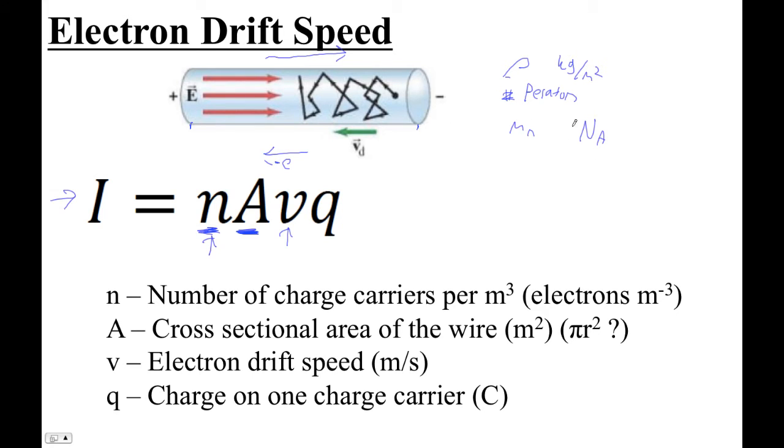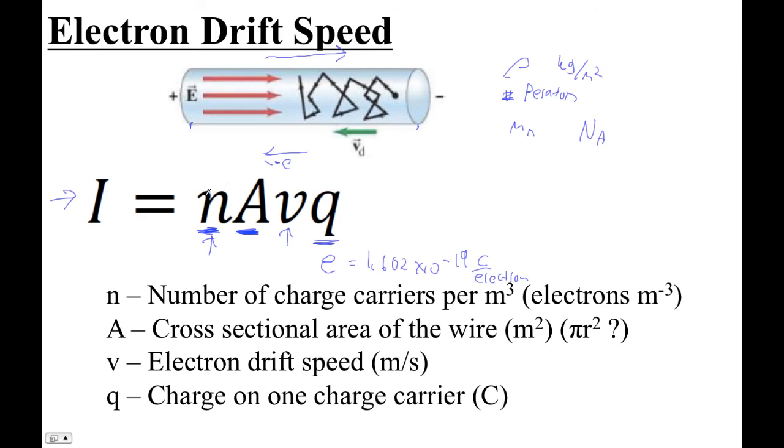If we knew all those things, we could figure out the charge carriers per cubic meter. And then q is the charge on one charge carrier. They're allowing that perhaps we might have charge carriers that are not electrons, but as far as I can tell, they're always electrons. So we're always going to use 1.602 times 10 to the minus 19th coulombs per electron.